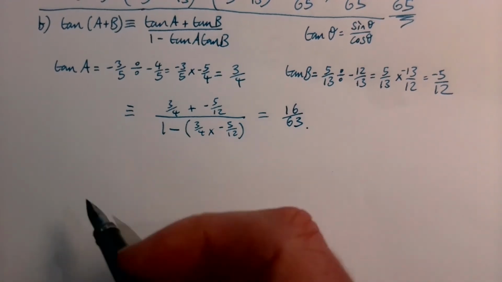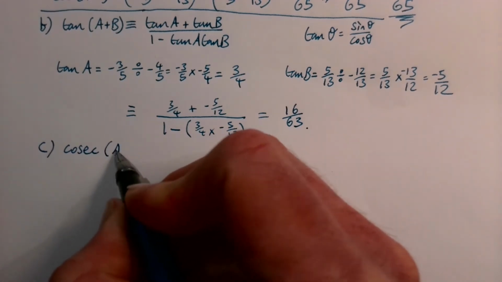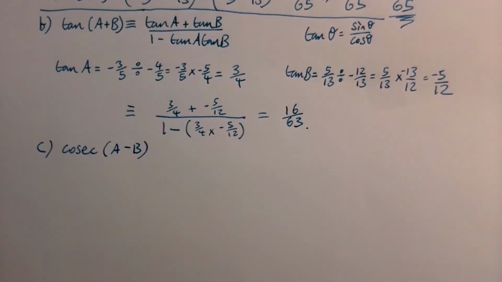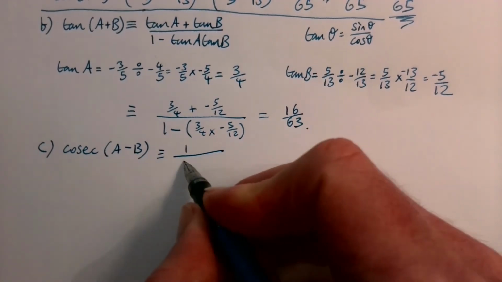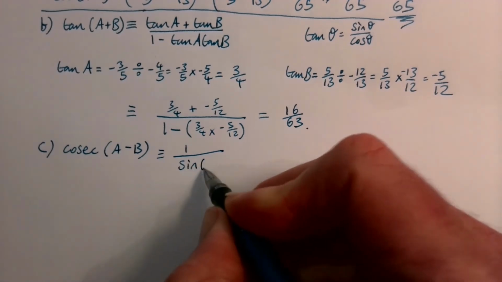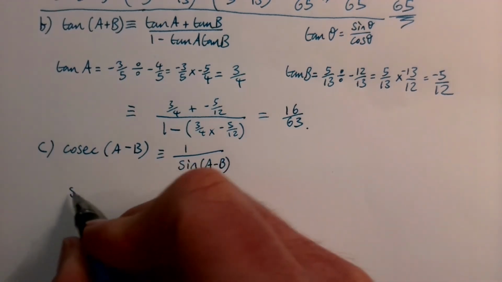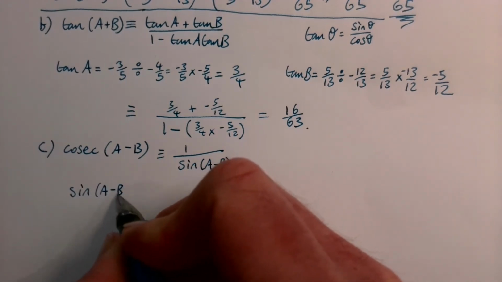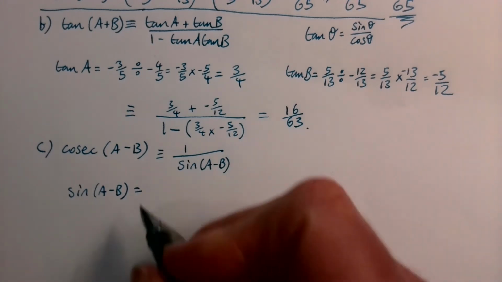Now, the last one, part C, was cosec A minus B. And cosec, if you remember, is 1 over sine, isn't it? So that means it's going to be the same as 1 over sine A take B. So we're going to work out what sine A take B is, and then just make it the reciprocal of that.